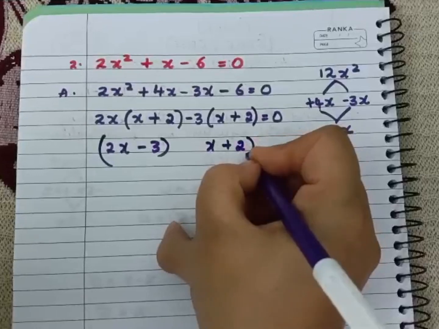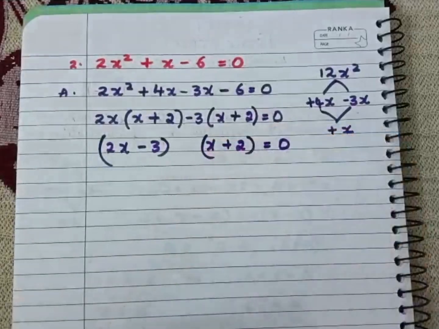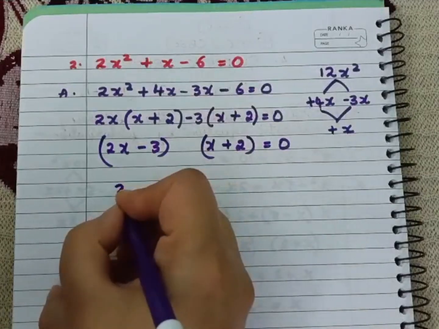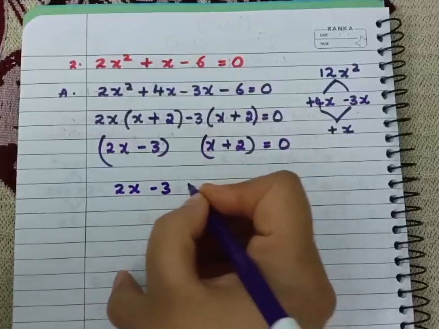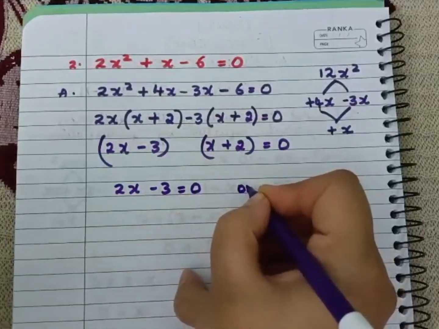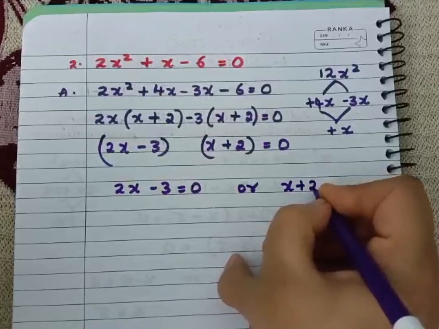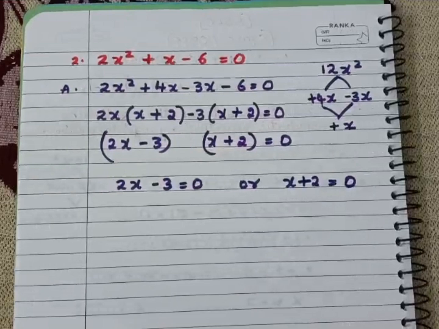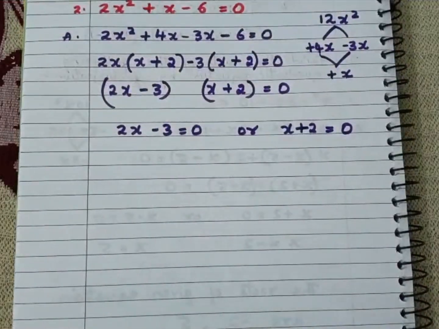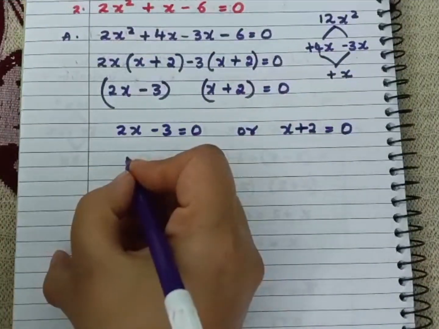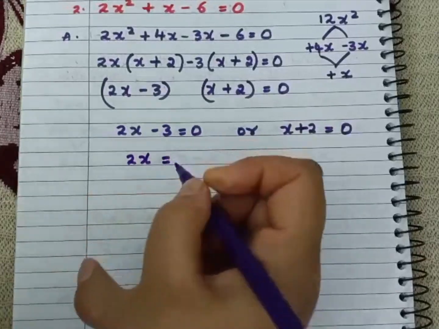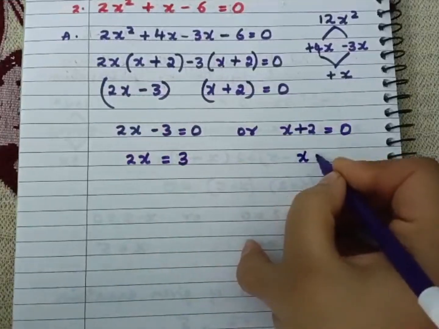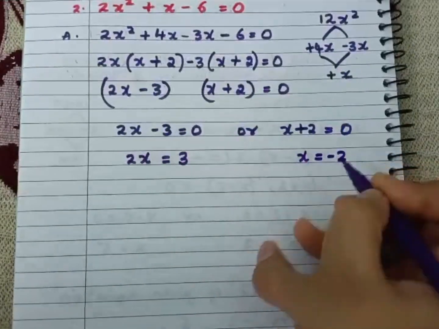x plus 2 equal to 0. That is 2x minus 3 equal to 0, or x plus 2 equal to 0. 2x is equal to minus 3, which becomes plus 3, and x is equal to plus 2, which becomes minus 2.